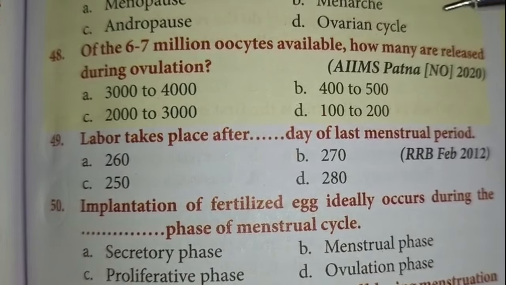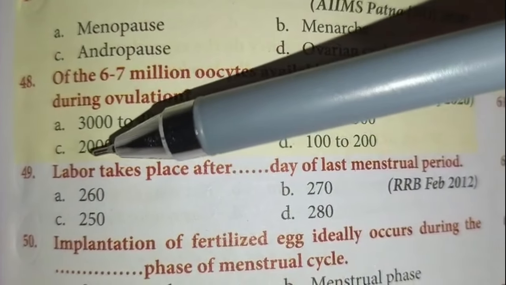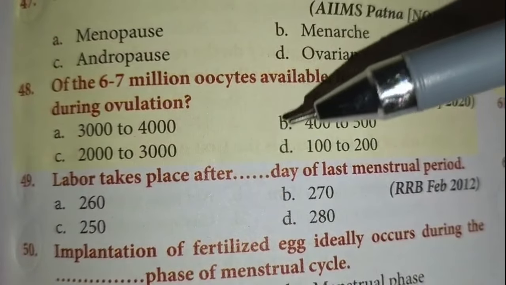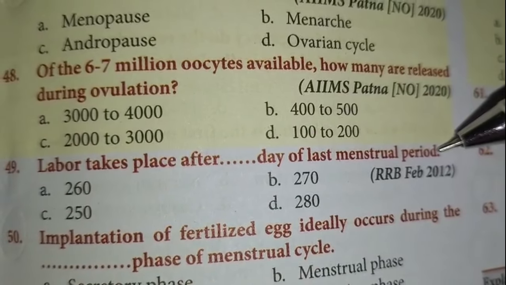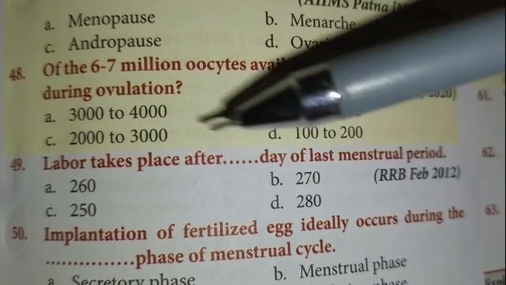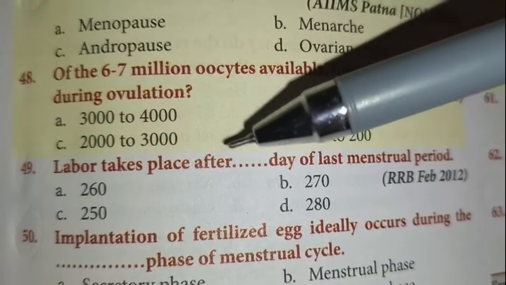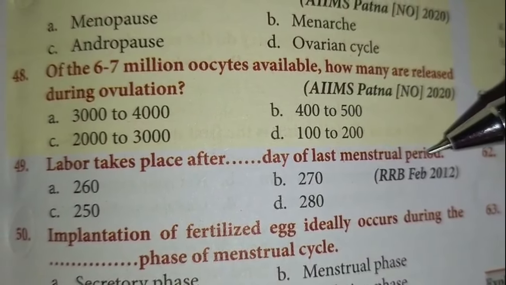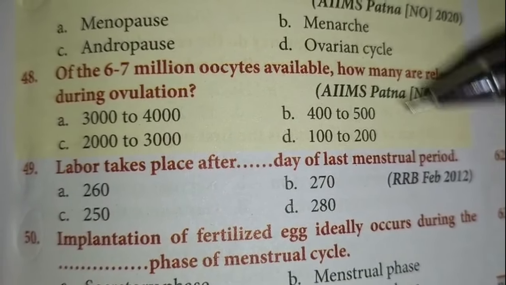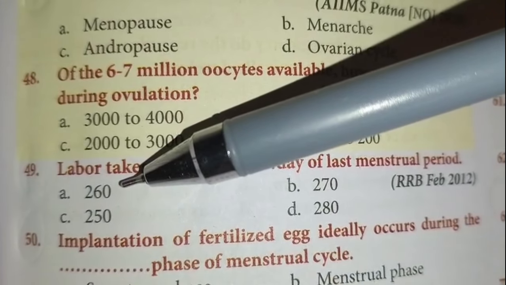And the next important question is, labor takes place after dash day of the last menstrual period. Option A, 260 days.